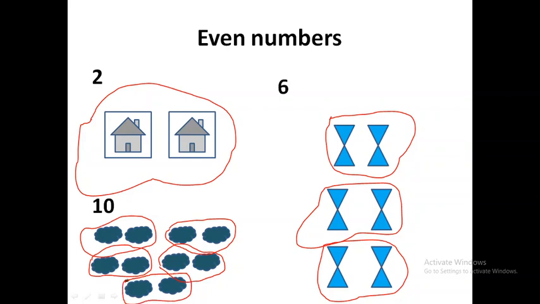Can we see? We have 5 pairs. Each pair has 2 clouds and no clouds remain outside without being encircled. So, in simple terms, even numbers, when divided by 2, you are left with no remainder.